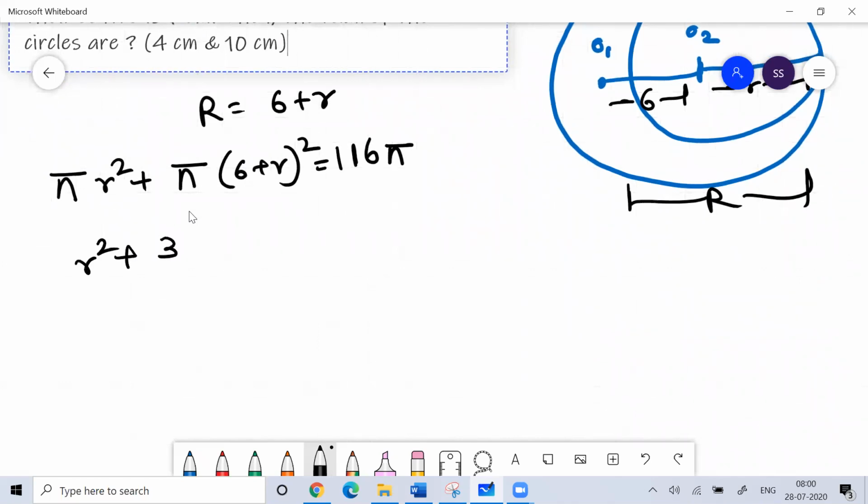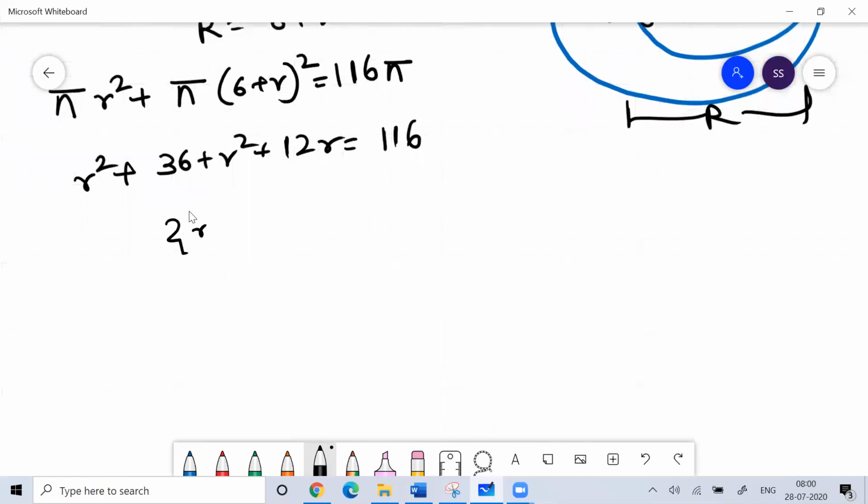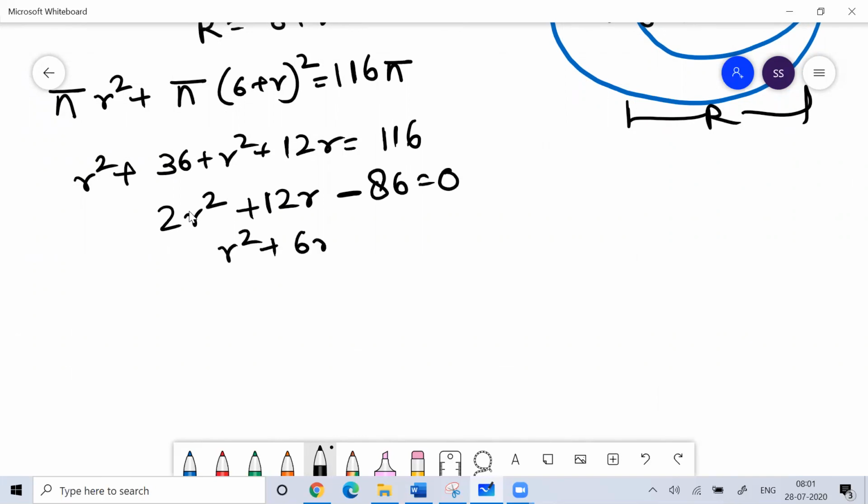So r square plus 36 plus r square plus 12r is equal to 116. So 2r square plus 12r minus 116 minus 36, that would be 80, equal to 0. So r square plus 6r minus 40 equal to 0.